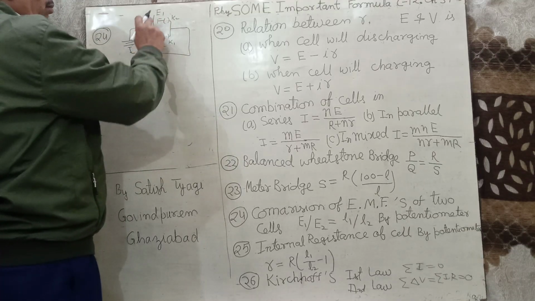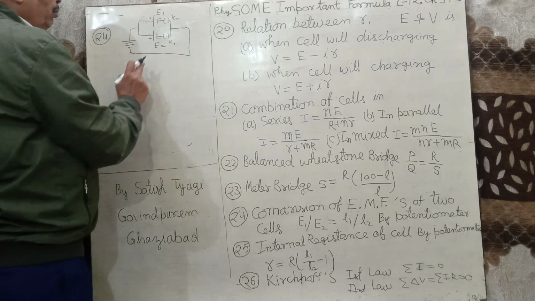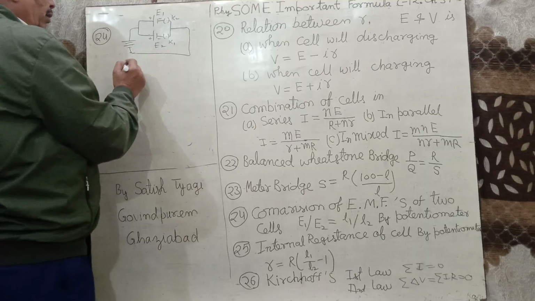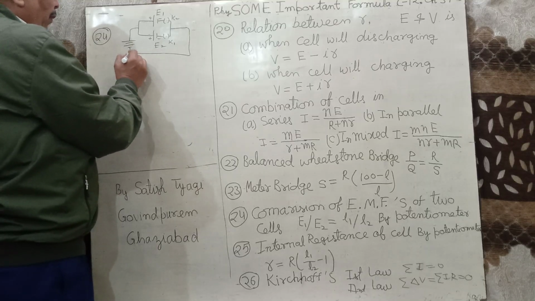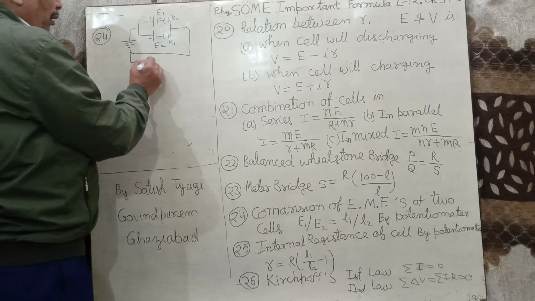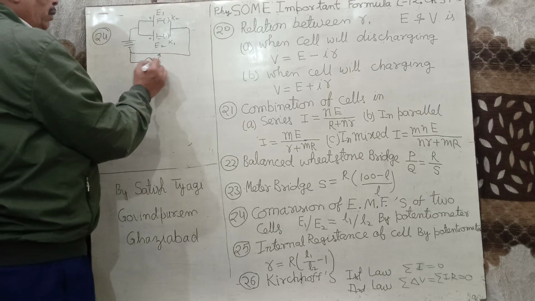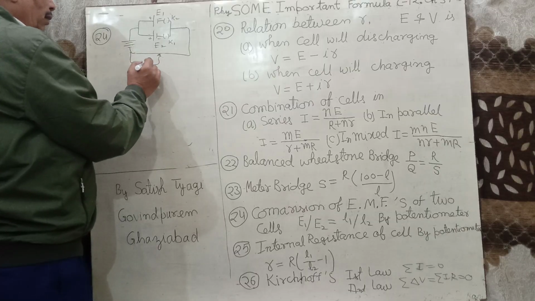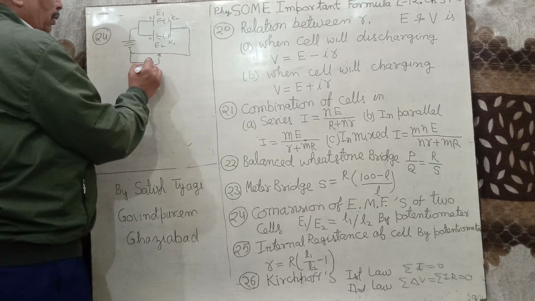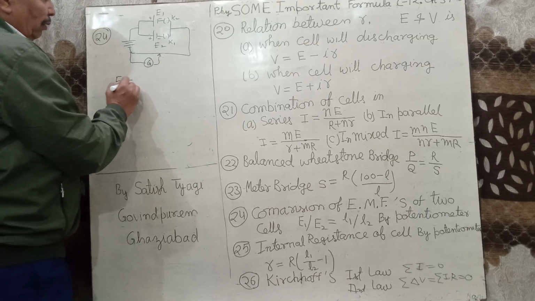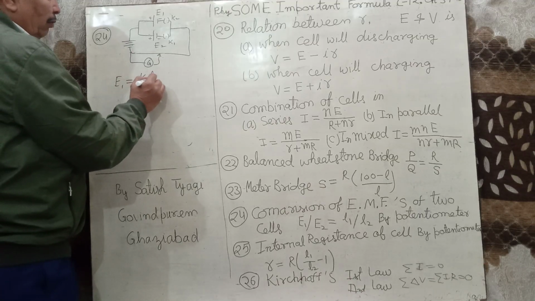When K1 is on, the length of wire is L at the null point of the galvanometer. Here E1 equals K L1.